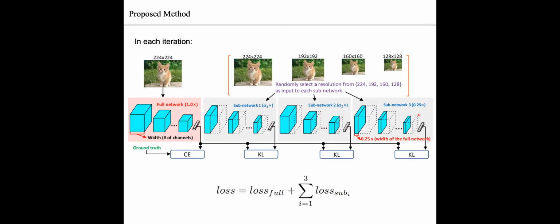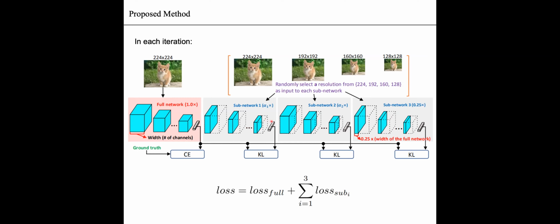We specify a subnetwork lower bound. In this example, we specify 25% of the full network as the width lower bound. These 25% are sampled by just picking the first 25% of the channels for each layer, as you can see illustrated here.